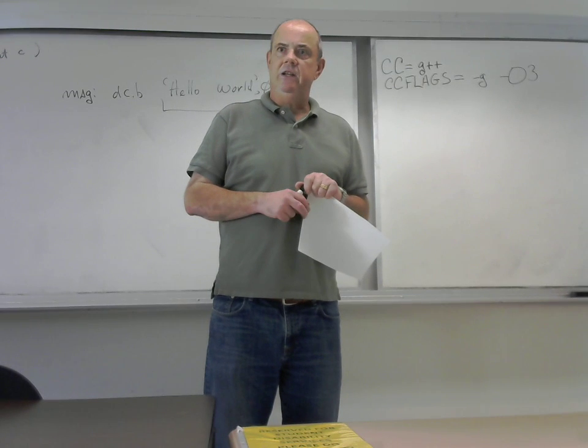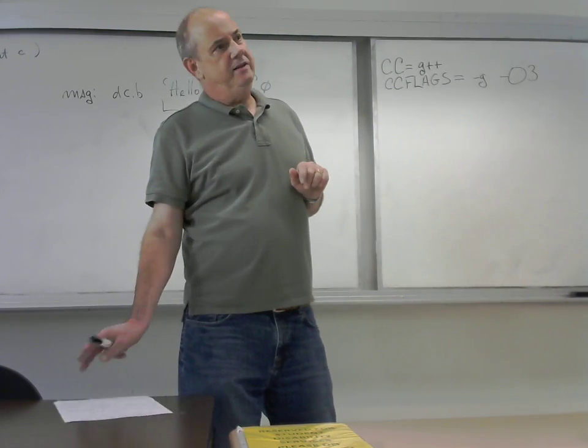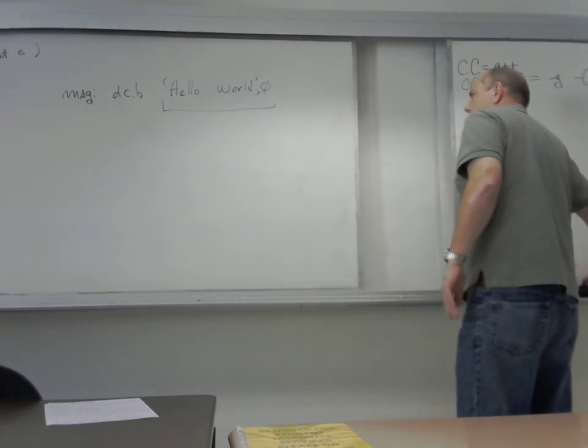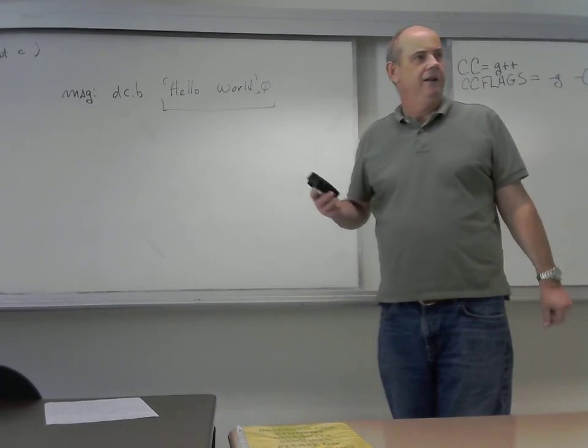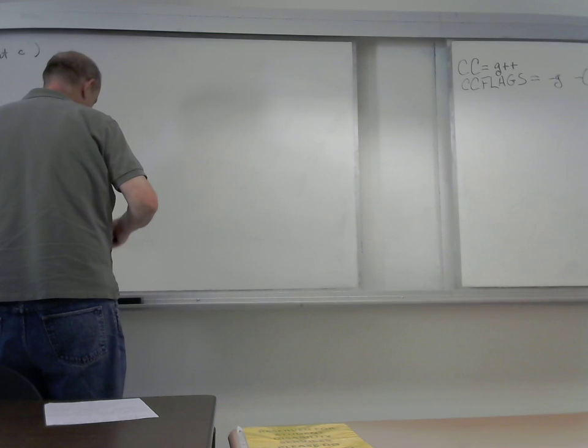You guys have any sense at all of what these are? Let me do a quick example here, and then we'll return to this. I'm sorry to digress, but I think you guys are interested in this. So let's just do a real simple example.